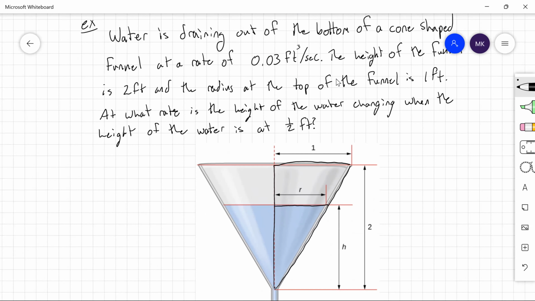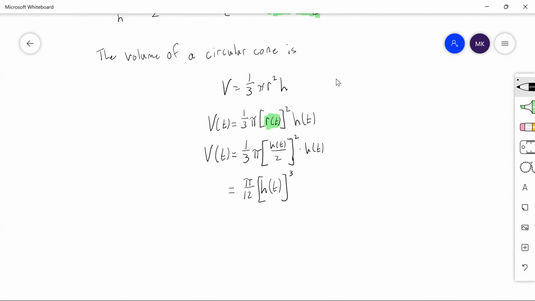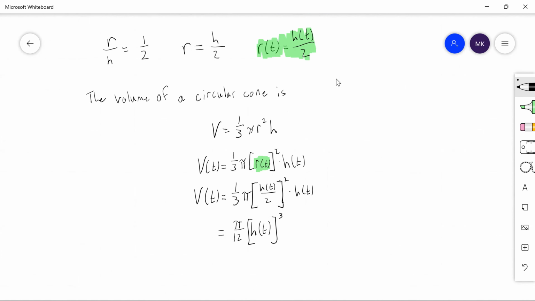We know how the volume is changing because we know that it's decreasing at a rate of 0.03 cubic feet per second. I'm looking for how the height is changing. I don't know anything about the radius changing. And so I want to get that out of the equation by replacing the radius with the height. And to do that, we used the relationship between the similar triangles. Does that make sense?